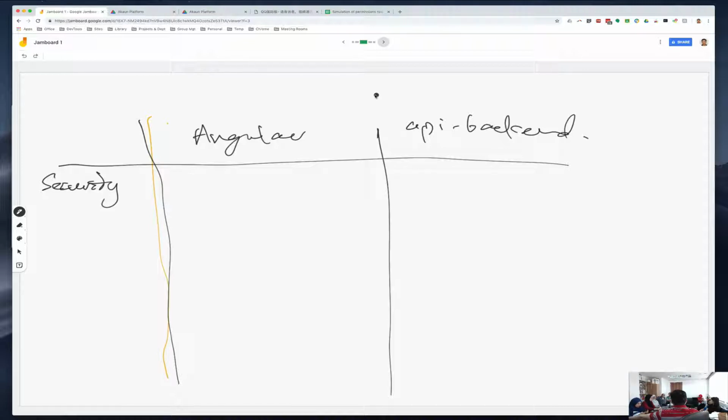There could be so many different types of applications making the API call. So at the server side, usually we are looking at low level security, right? Low level security.